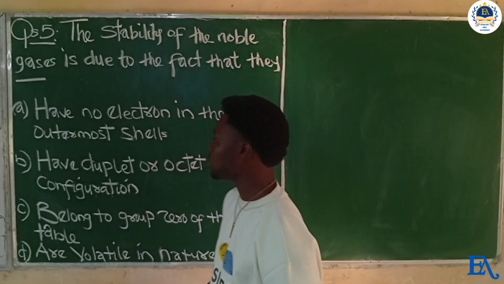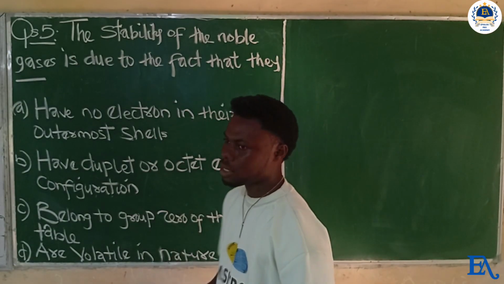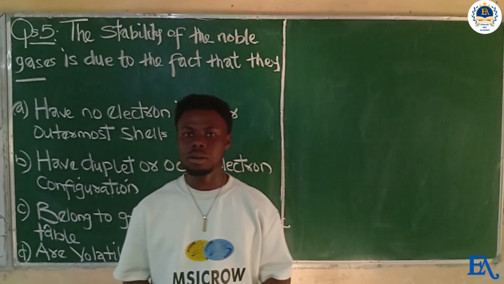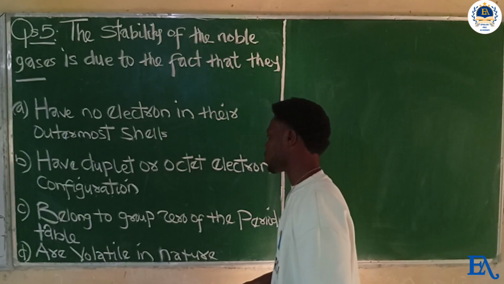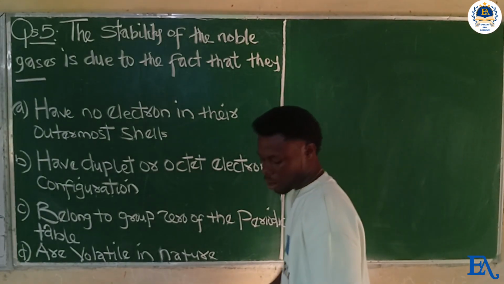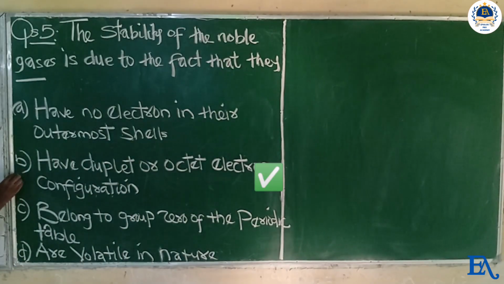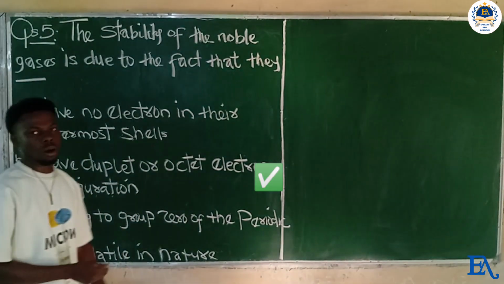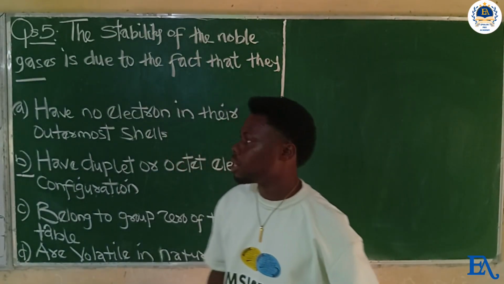So helium has duplet electron configuration. Others like neon, argon, krypton, xenon, and so on have 8 electrons, which is octet electron configuration. So the correct option is option B. They have duplet or octet electron configuration. Let's look at the next question.